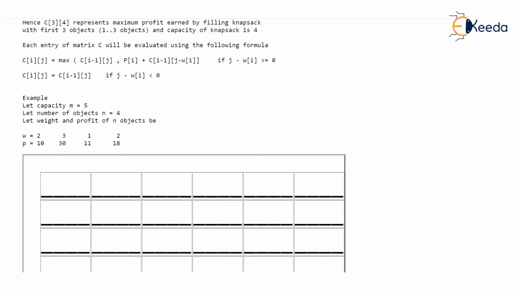If you are trying to find Cij, then first of all you check, can you add the ith object in the knapsack? When can you add the ith object in the knapsack? If the capacity, remember j is the capacity of the knapsack, minus weight of the ith object is greater than or equal to 0.